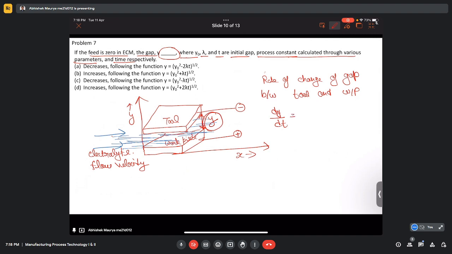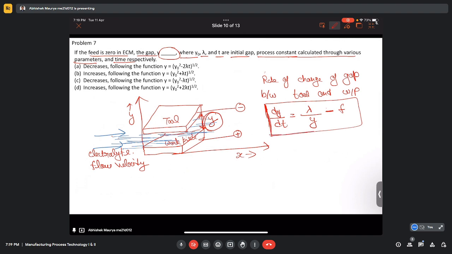This rate of change of gap between the tool and electrode has been found to follow this relation. This equation you can find in the video lectures of the course.